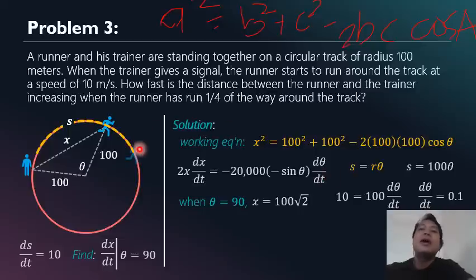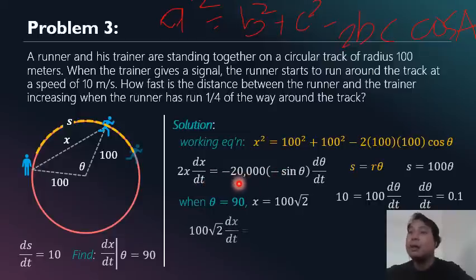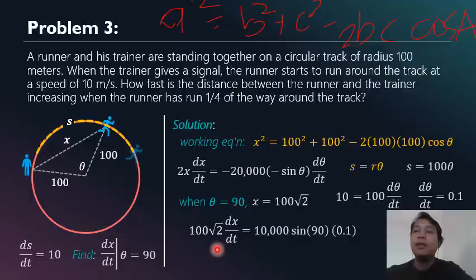When we divide by 2, what remains is x dx over dt is equal to, negative is positive, and dividing by 2 makes it 10,000. Then we substitute the value of x, 100 square root of 2, the value of theta, 90, and d theta over dt, which equals 0.1.